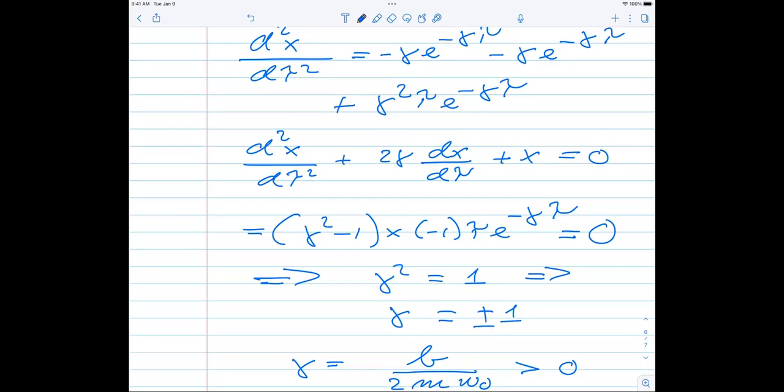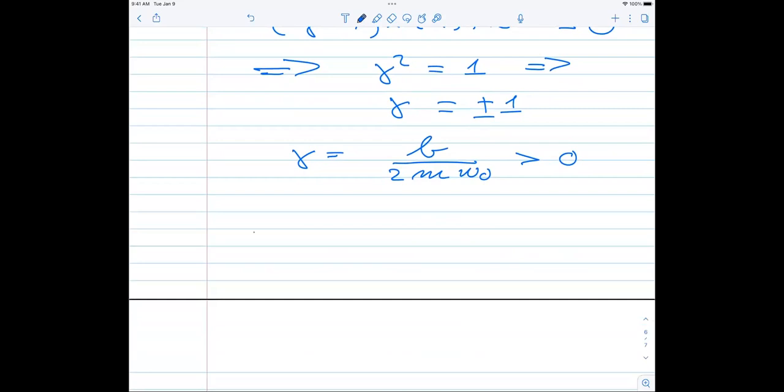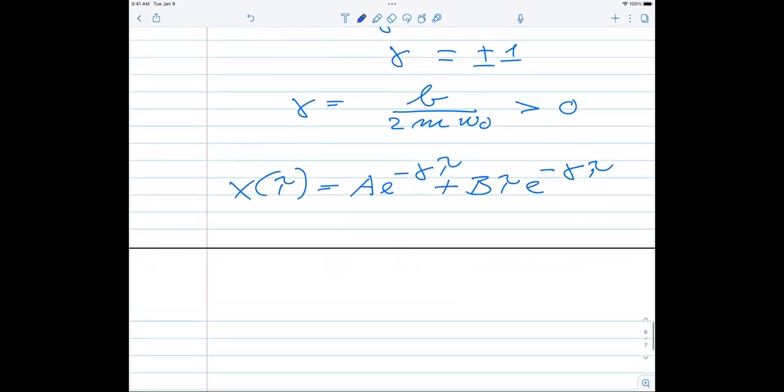So that means that I have a solution which looks like x of tau equal to A e to the minus gamma tau plus a parameter B times tau e to the minus gamma tau. And you see that the first term dominates when tau is small.